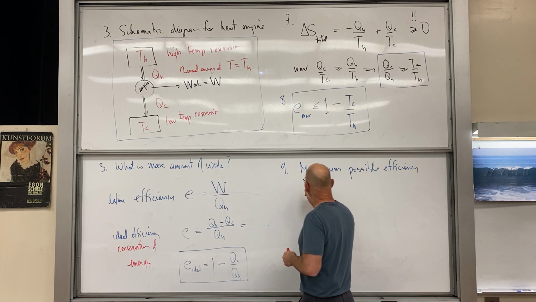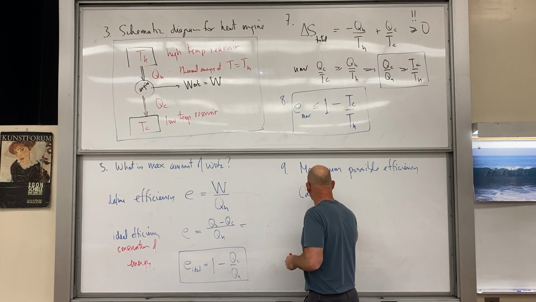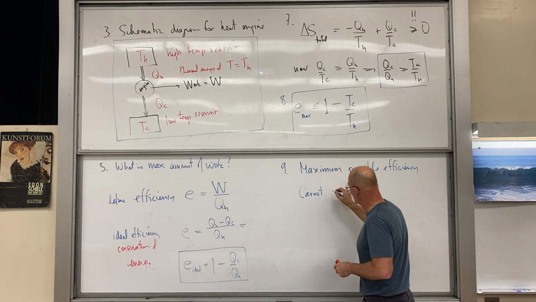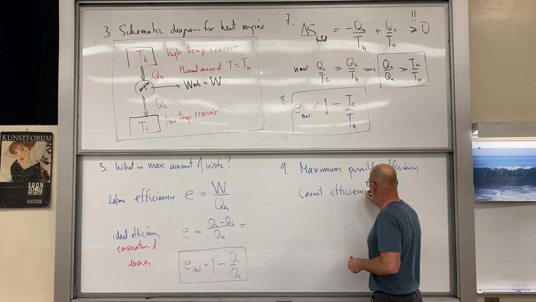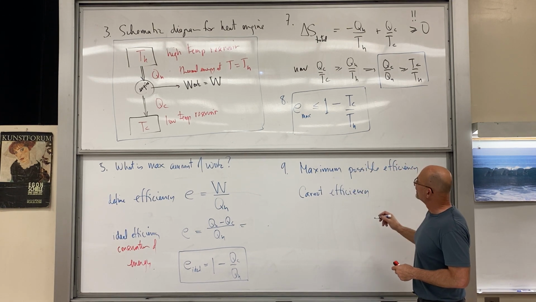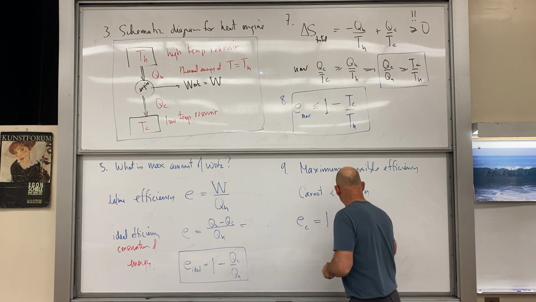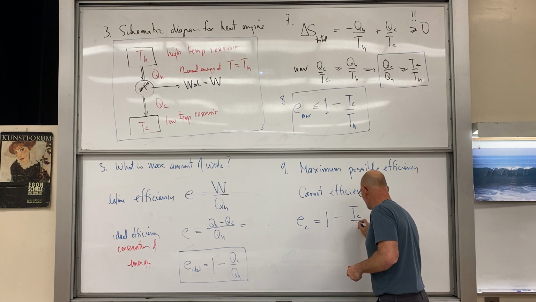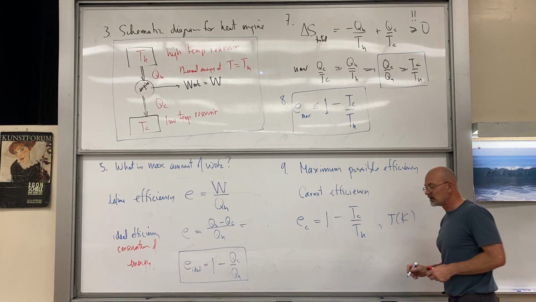It's called the Carnot efficiency. Carnot, very famous engineer, came up with this. Carnot efficiency, E sub C, is equal to 1 minus TC divided by TH. Temperature, of course, in Kelvin.